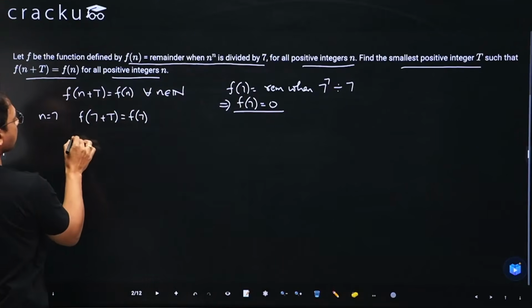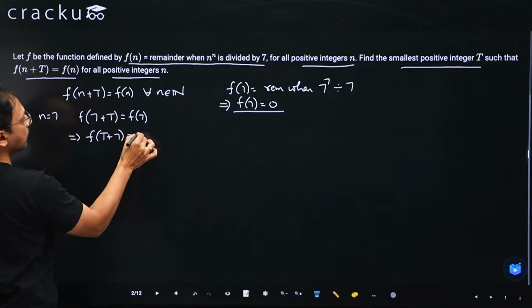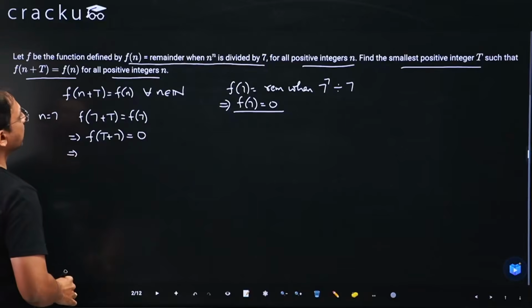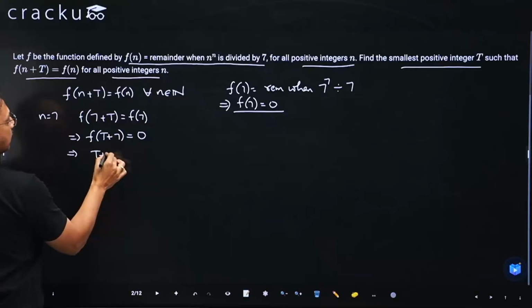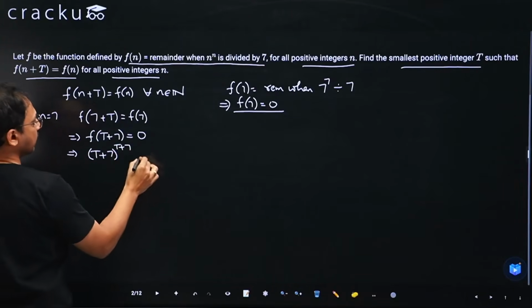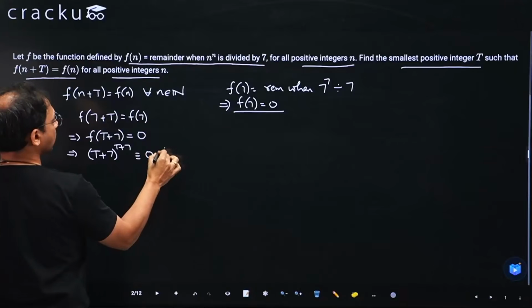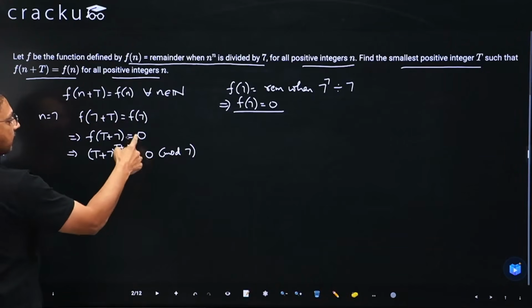So here I got f of t plus 7 is equal to 0. What is f of t plus 7? This is the remainder when t plus 7 whole power t plus 7 is divided by 7. So we want this to be congruent to 0 modulo 7, because when you divide this by 7, remainder is 0.